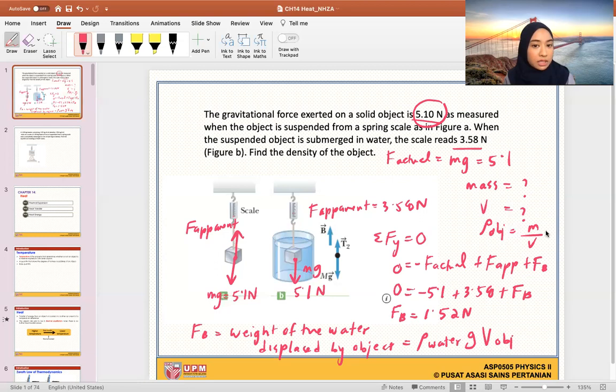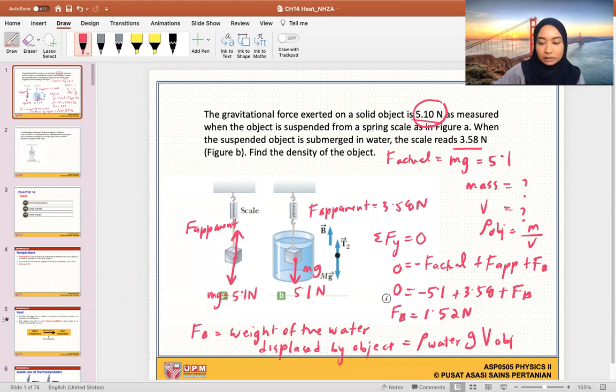The scale was measuring F apparent, which is the same case in this problem. Your F actual is not necessarily measured by the scale. The scale measures F apparent. If there is an external force acting on the object, such as in this case, the buoyant force, the F apparent becomes smaller, or it could also become larger.